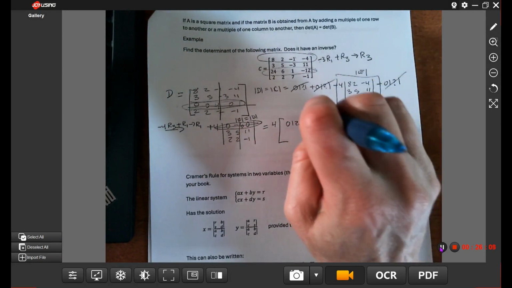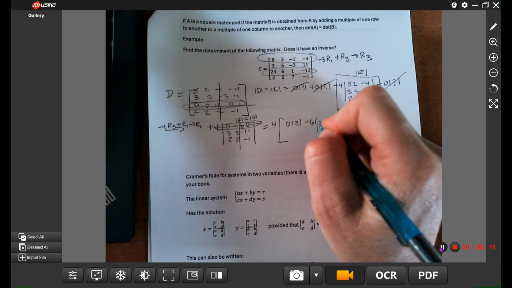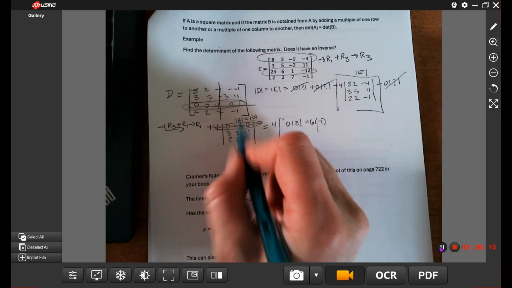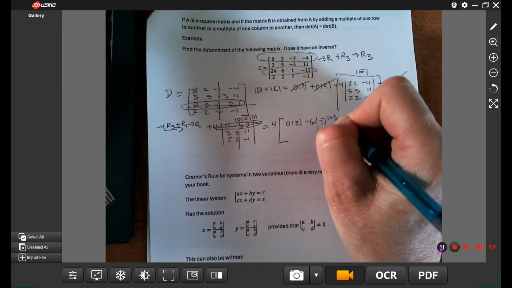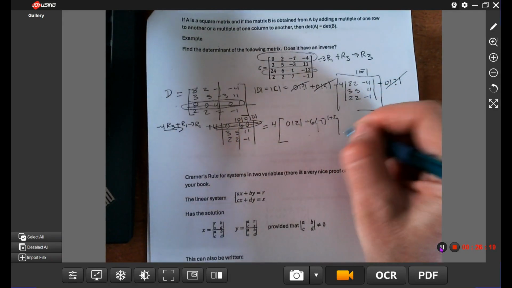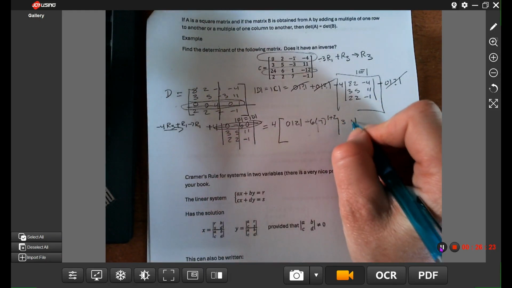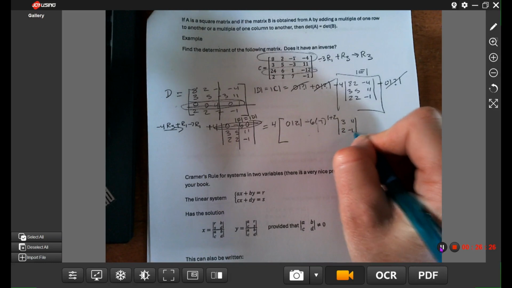So I need a negative 1 raised to the power 1 plus 2, and then the determinant of the remaining matrix, which is 3, 11, 2, negative 1.